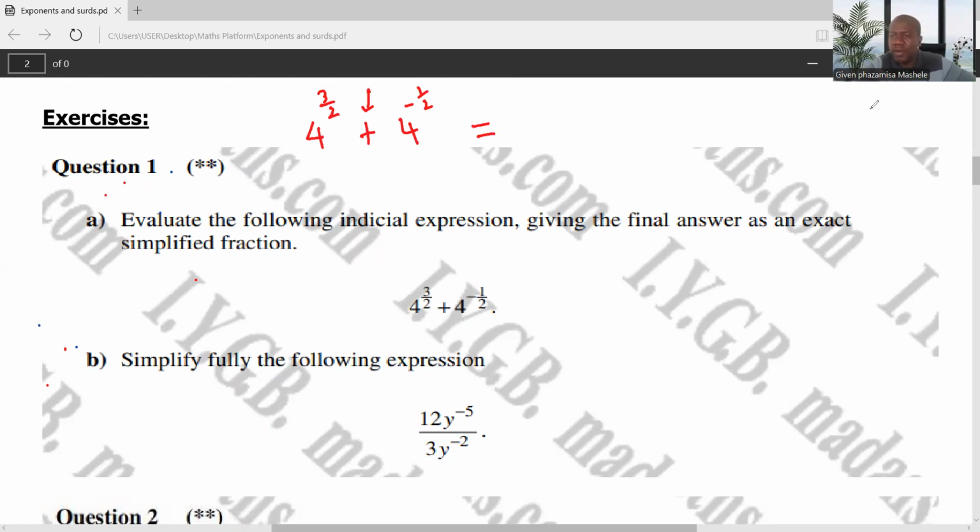Because 4 is the same as 2 times 2, which is 2 squared. So wherever there is 4, we can say this is 2 to the power of 2, everything to the power of 3 over 2, plus 2 to the exponent of 2, everything to the power minus half. I believe you are following.